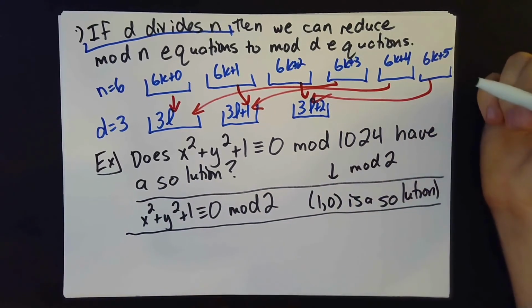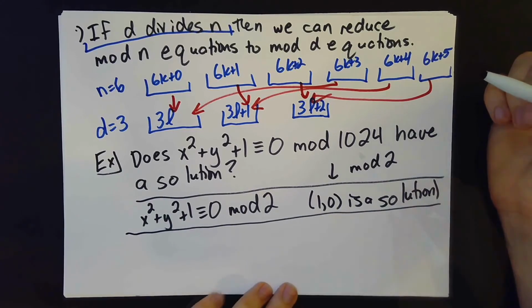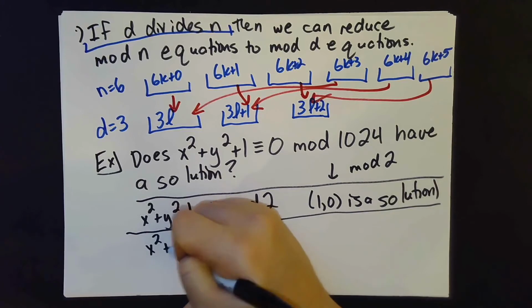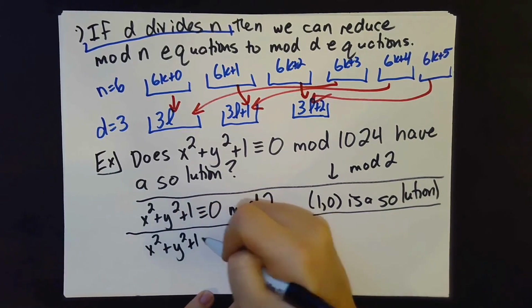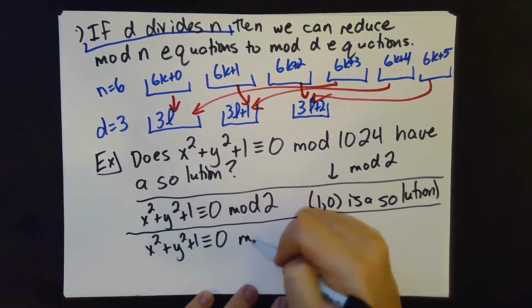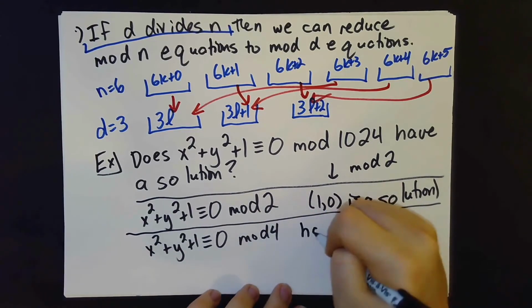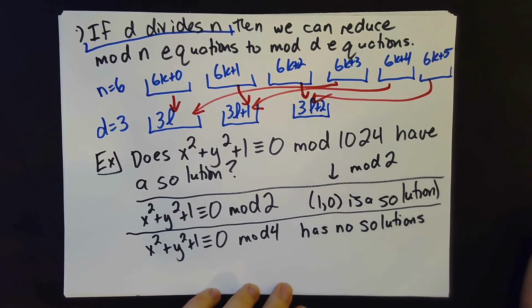Maybe instead of looking mod 2, let's look mod 4, because 4 is also a divisor of 1024. And so let's look at x squared plus y squared plus 1 equal to 0 mod 4. I'll go ahead and tell you this has no solutions. Why does this have no solutions?